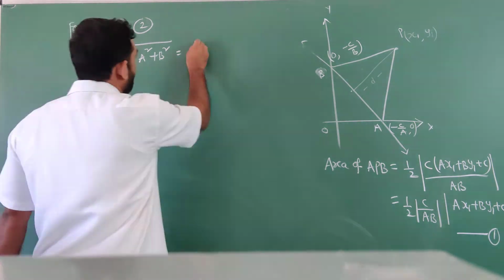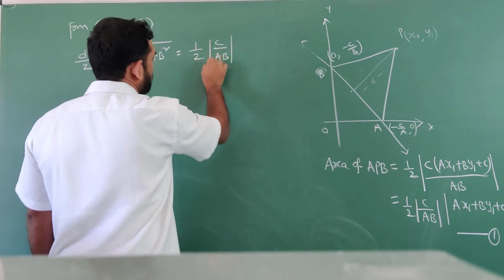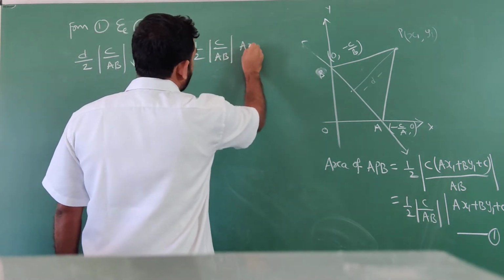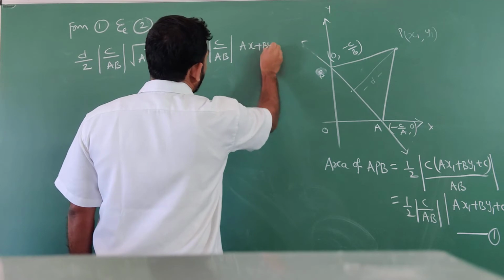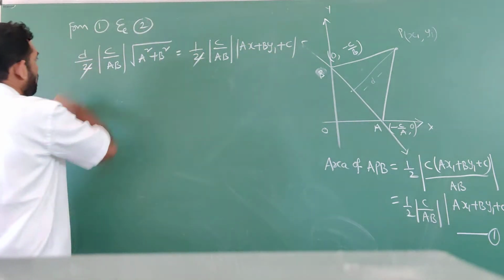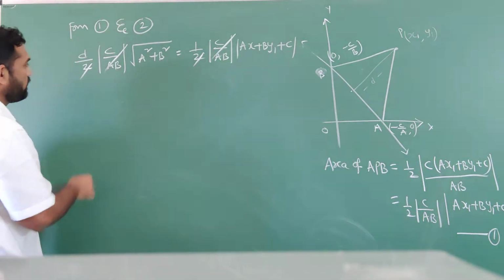So half into modulus of C divided by AB is equal to AX1 plus BY1 plus C. So both sides 2 cancel, C by AB cancel.